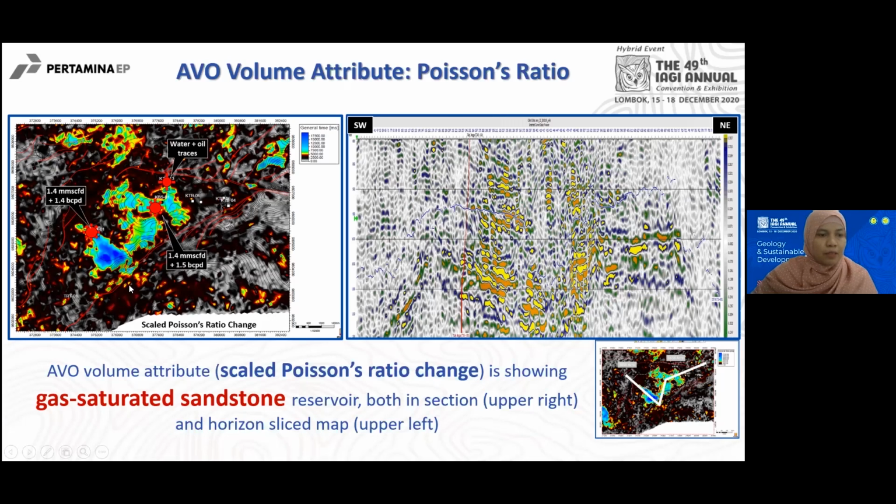This mapping is also validated by well test results, DSTs, from 3 wells, where 2 of them fall into the anomaly of the AVO, where gas was also produced during the test. And here we have 1 well, which is outside of the AVO anomaly, with test result was water and oil traces.